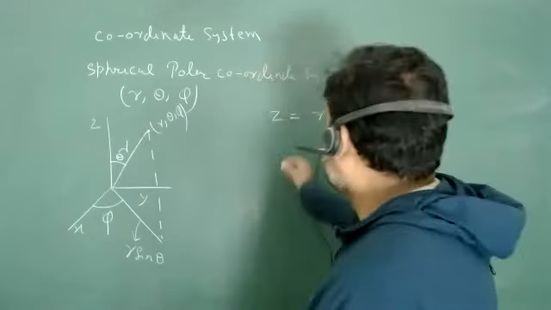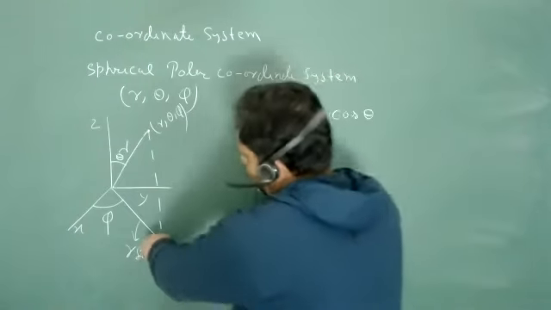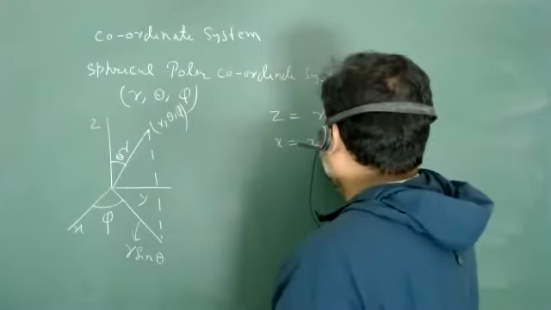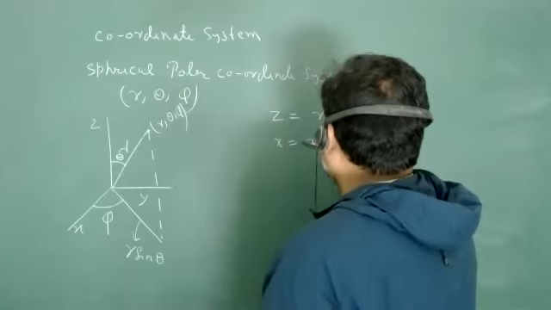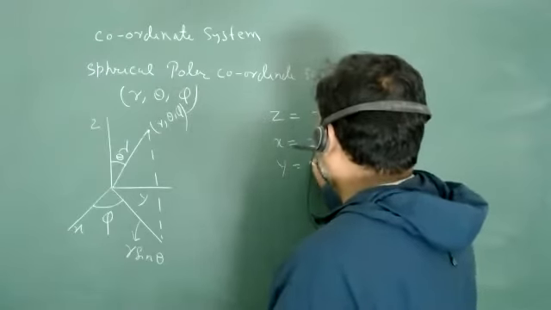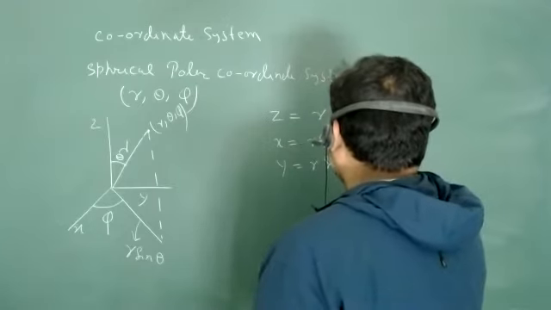Now, can I say x is equal to the component of r sin theta along the x-axis? That will be r sin theta cos phi, and y is equal to r sin theta sin phi.